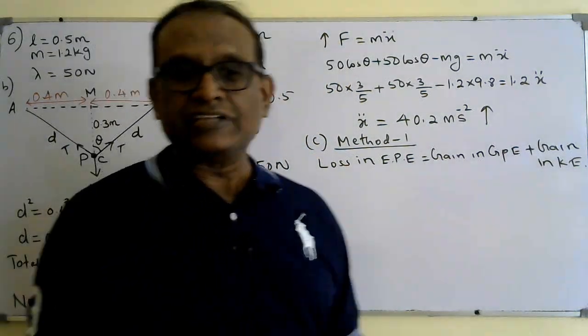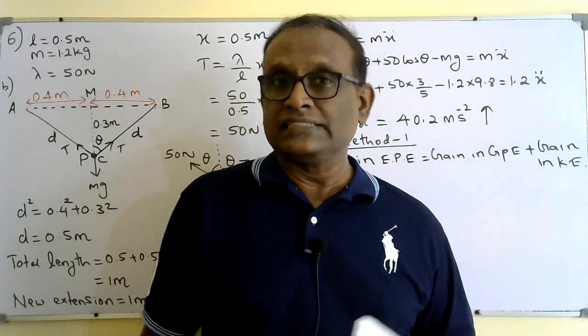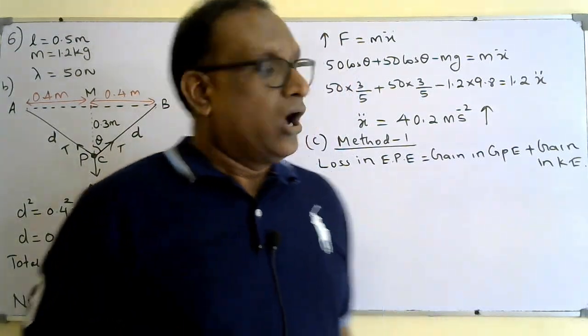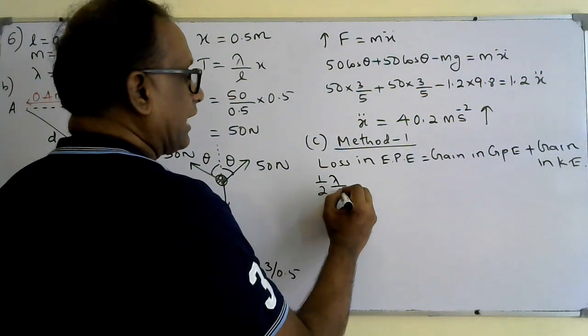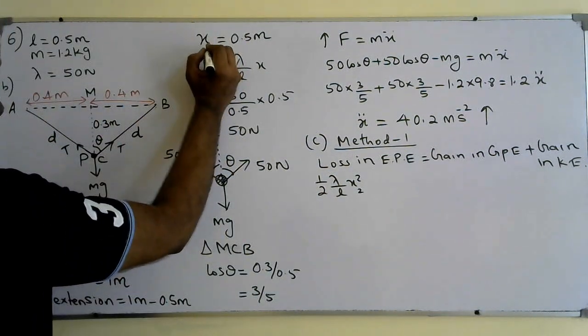That's the energy equation. You must be able to identify the energy changes or the conservation of energy related equation. You should be able to identify what is loss, which is gain. Okay, so loss in EP: half lambda over L x2 squared. x2 means finally, which is x2.